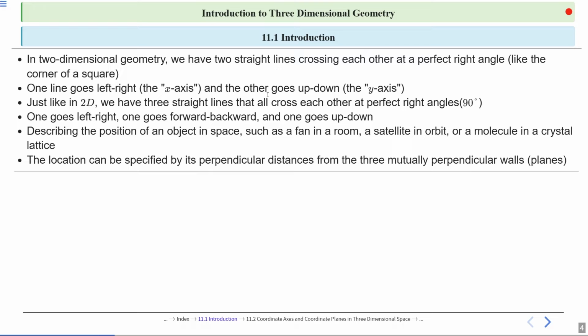Finally, let's examine how we specify a location in 3D space. We do this by measuring the perpendicular distances from the object to each of the three walls or planes that meet at right angles, or 90 degrees. This method gives us a clear and precise way to describe any point in space.